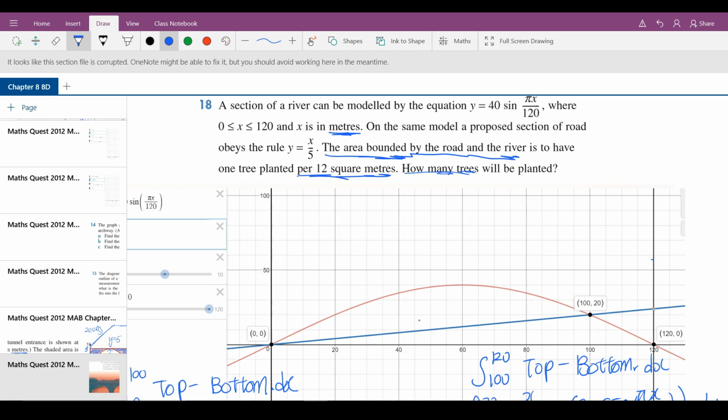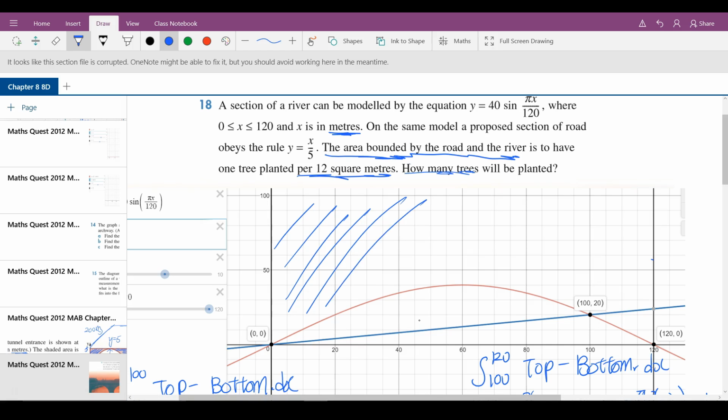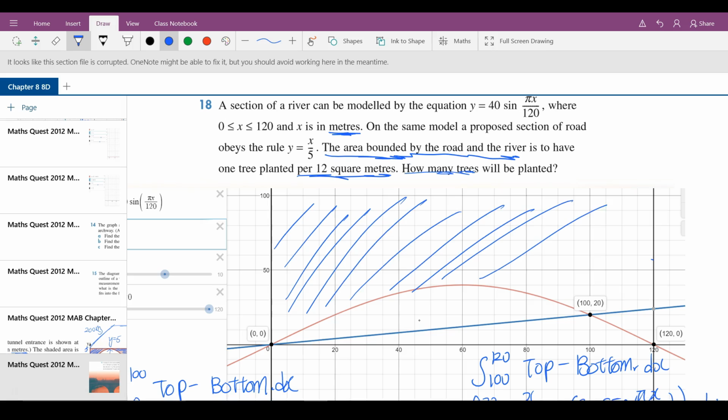Okay. So what I think they actually mean is, look, remember the sine function is to model a section of the river. So I think what they actually mean is these are the waters, right?